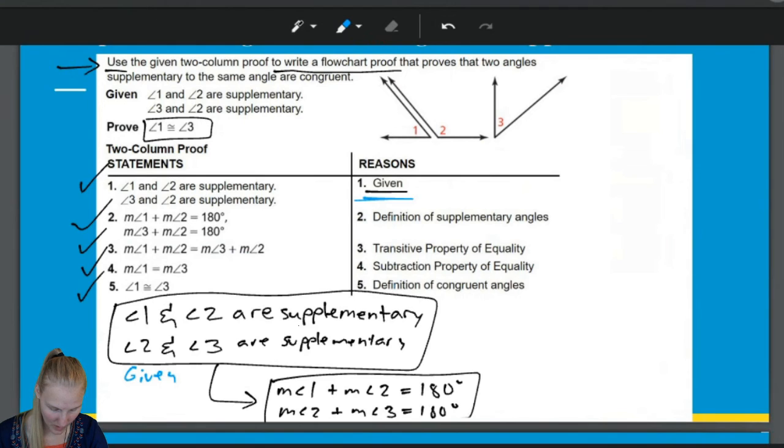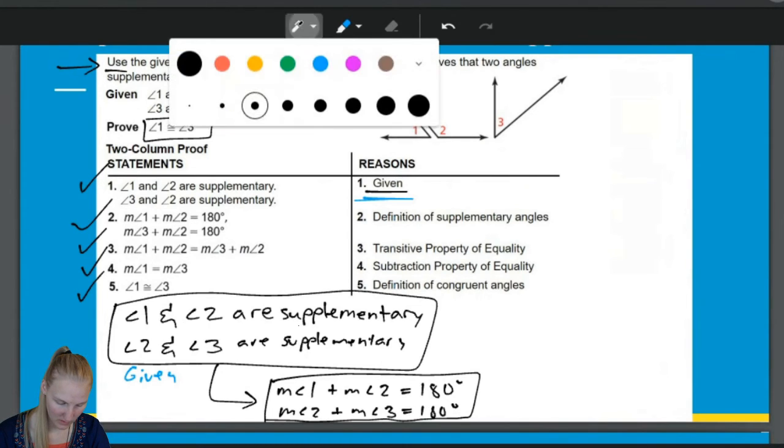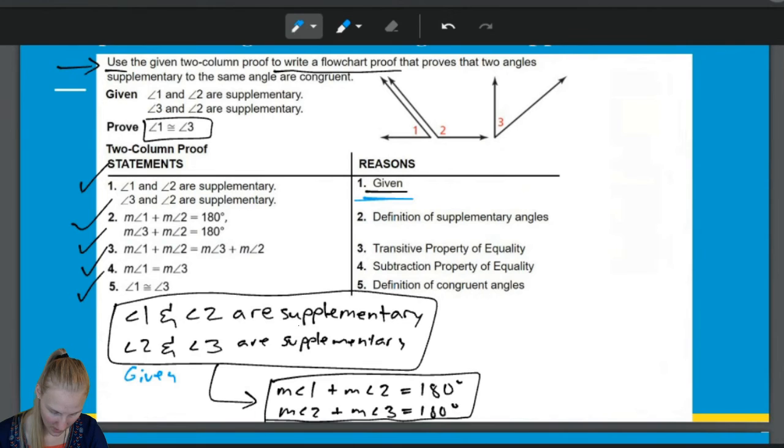That's my second box, because it's my second step. And the reason is the definition. I'm going to abbreviate it as definition of congruent angles, using the congruent symbol and the angle symbol.